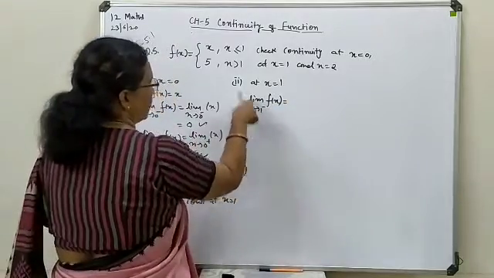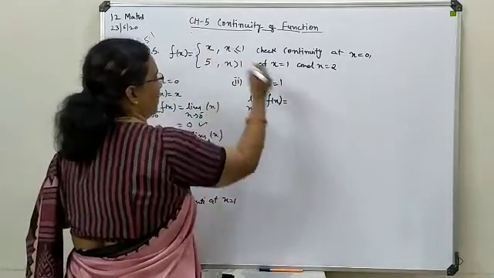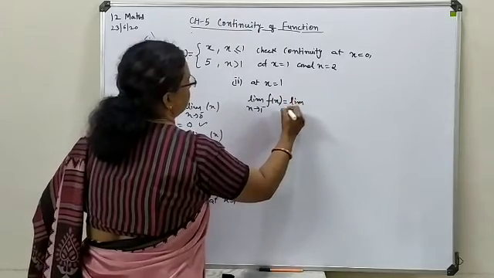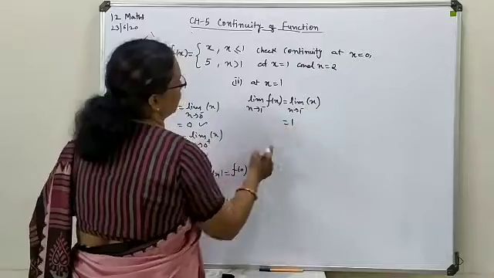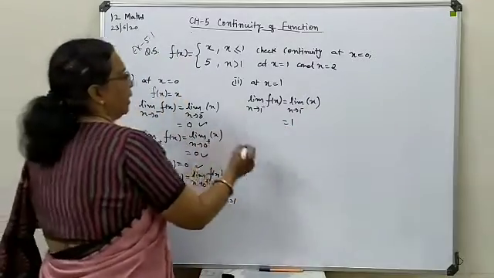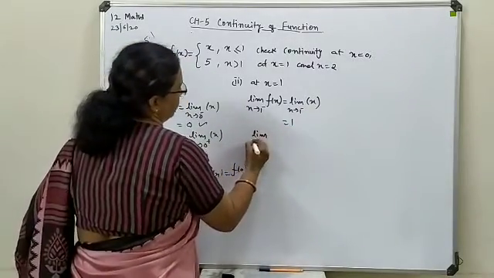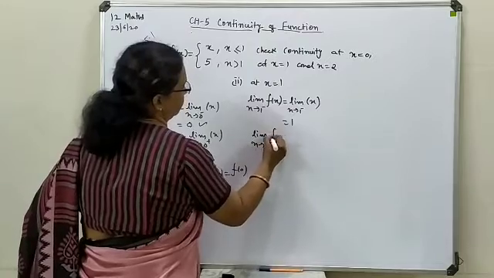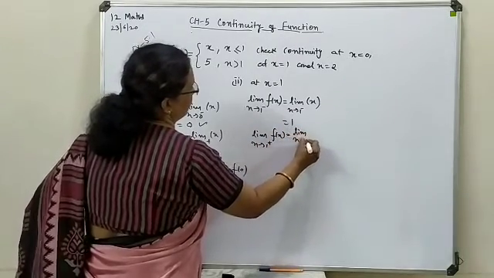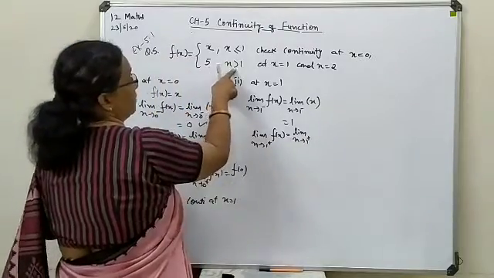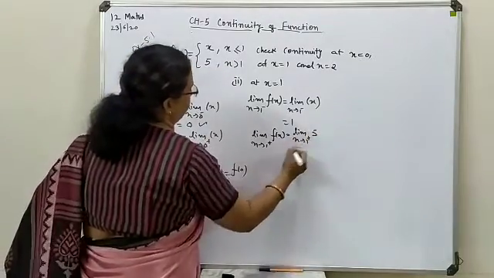So x is less than 1 means your function became x here. Substitute your limit, that means 1. Move towards the right hand side solution, means you have to talk about when x is greater than 1, that is your 5.